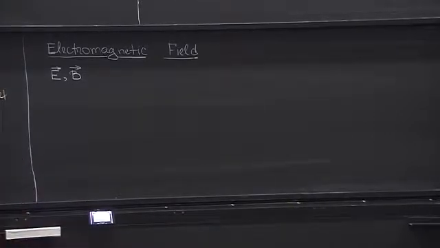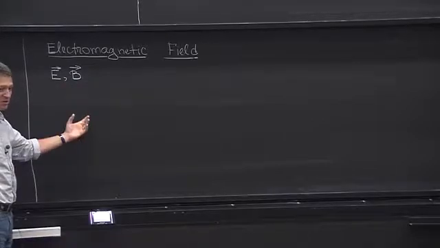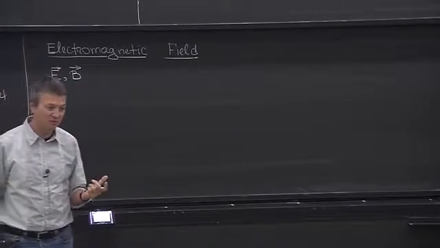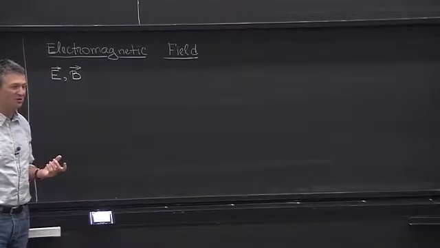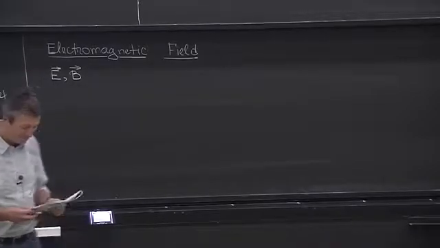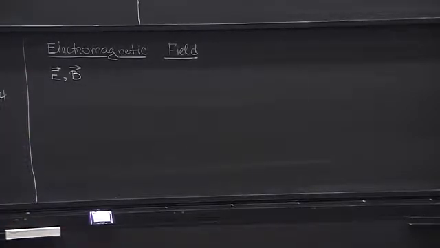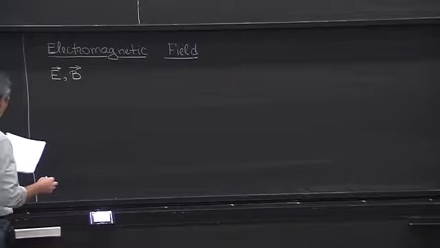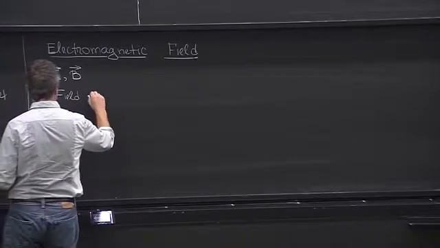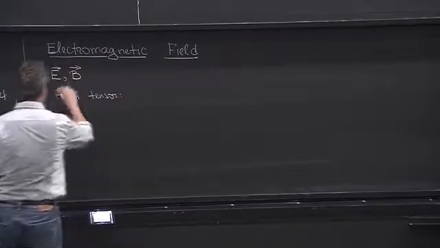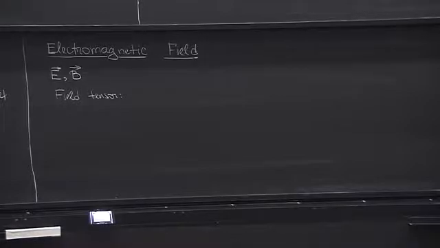And they can be written in a Lorentz invariant way. In fact, this was where Lorentz found his transformation. So he looked at the symmetries of Maxwell's equations and found that they are invariant under what's now known as Lorentz transformations. To write them in a manifestly Lorentz invariant way, one usually introduces the field tensor, of which E and B are various components.